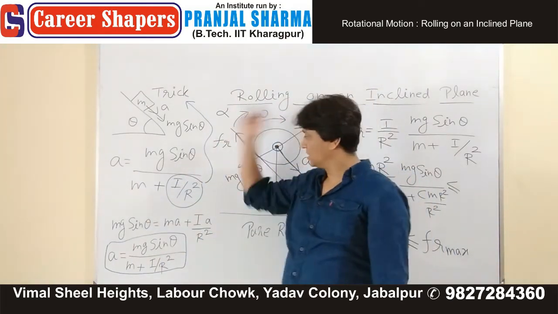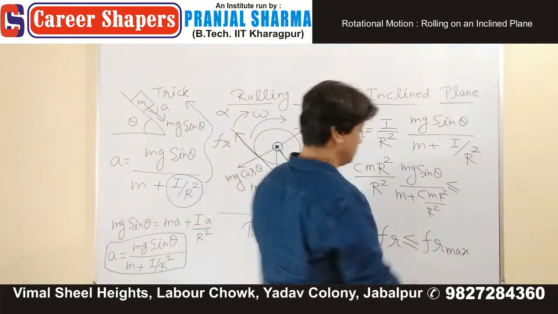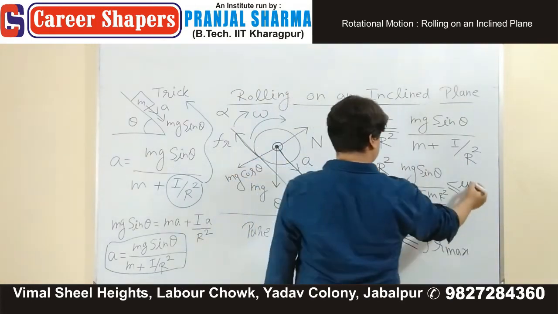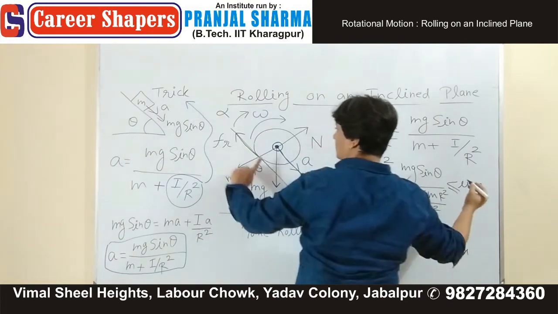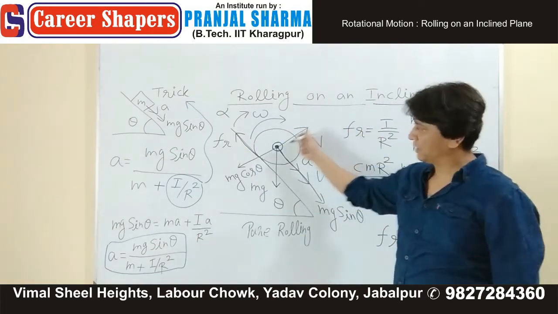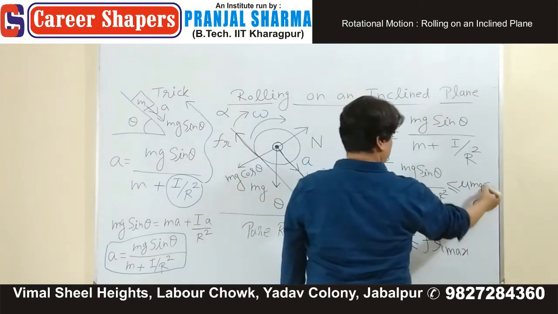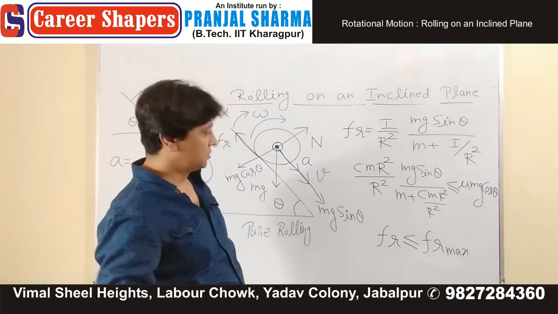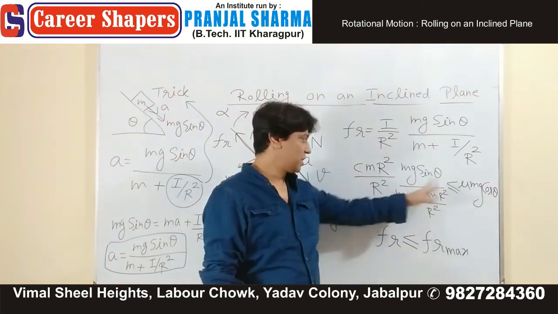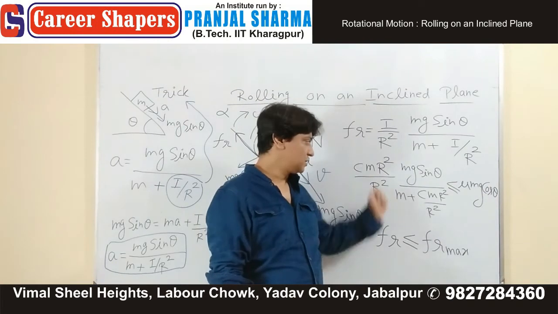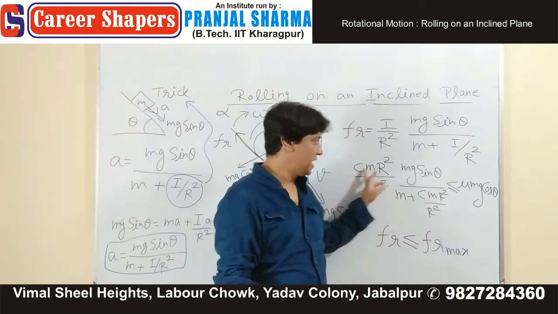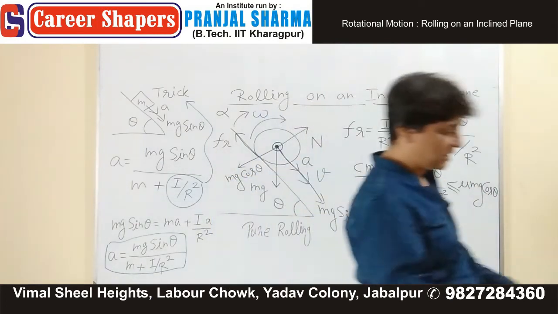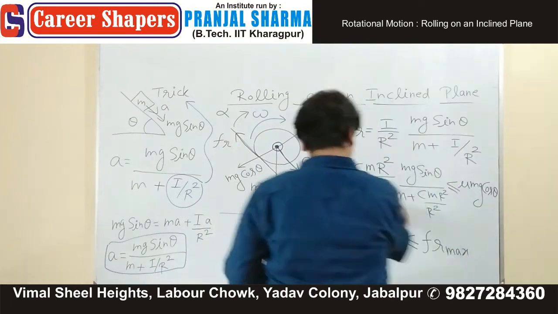What is Fr max? Mu n, which is mg cos theta. Normal reaction is equal to what? Mg cos theta. कुछ स्पेशल नहीं है, I को अपने CMR square put किया. Now the advantage is R square cancel, m cancel. ये जो इतना लंबा सा term दिख रहा है आपको, ये finally कुछ ऐसा बन जाएगा.